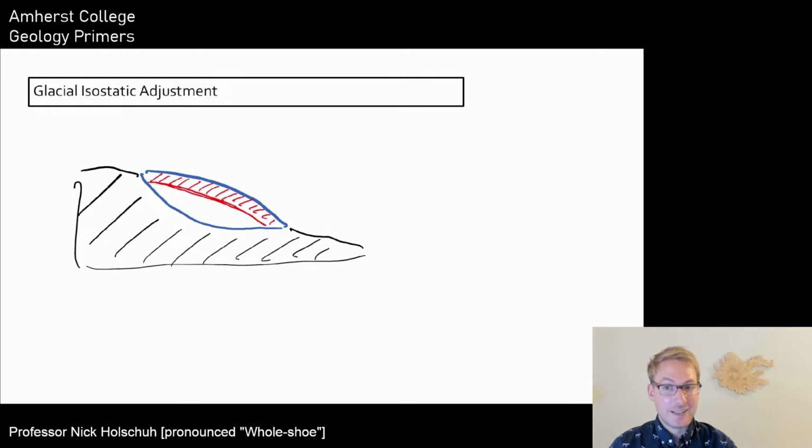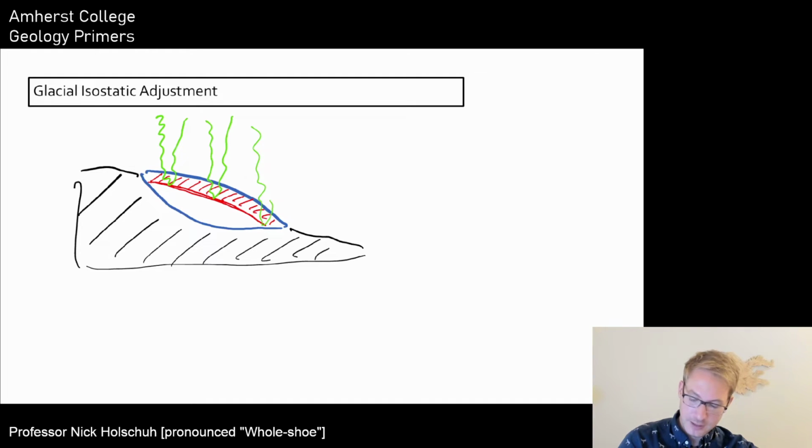We might expect that if we were to go back and use ICESat-2, our green light laser, to measure the surface elevation through time, that we would see the surface elevation move down by 10 meters associated with that melt. But the reality is that the melting of the glacier also causes the solid Earth to respond.